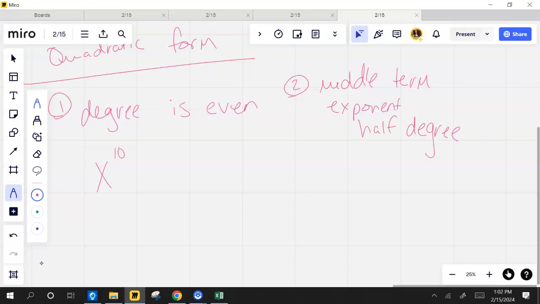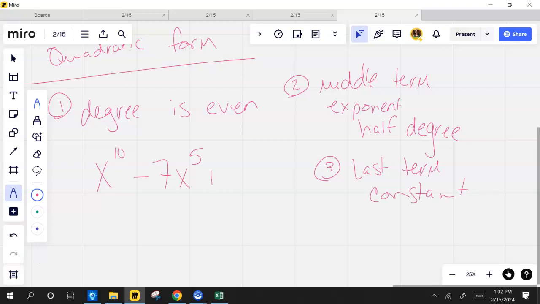So what would the exponent be on the middle term for this one? 5, right? Because that's half of that degree. So maybe I have minus 7x to the 5th. And then the third requirement is that the last term is a constant.